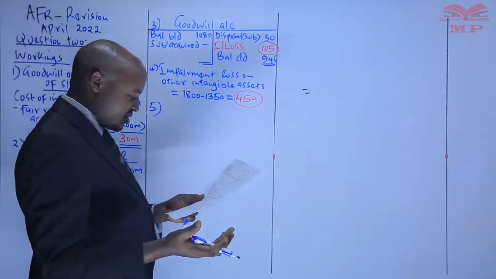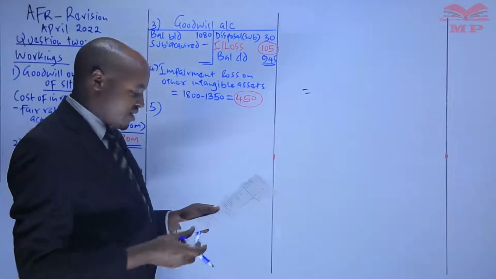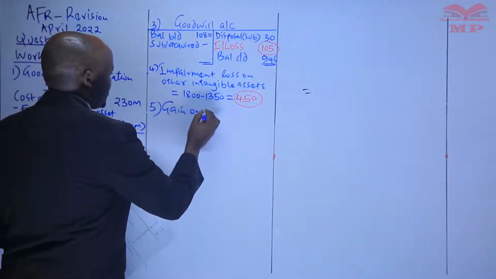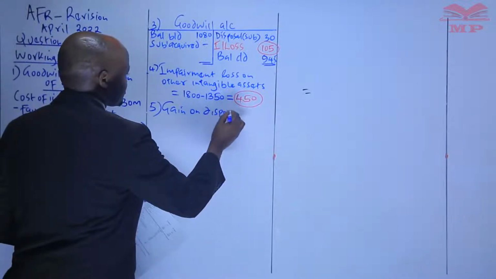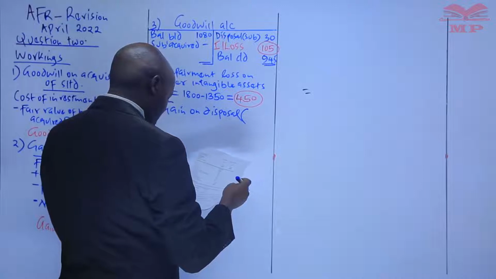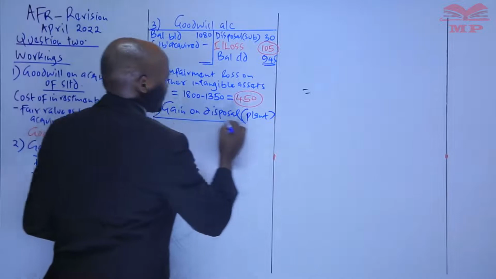But in our case, we are told there was a gain, because if you compare the carrying amount and the sales proceeds, you can see that the sales proceeds is more. So the gain on disposal of the plant.